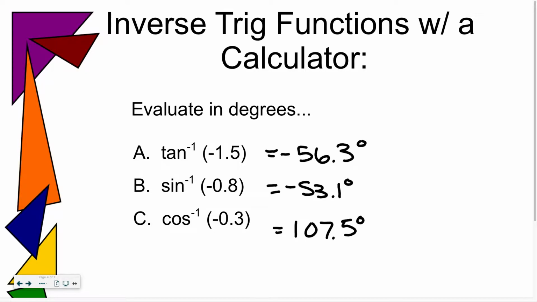Anybody having trouble with those? Okay, so I'm just going to make a side note right here. You'll talk more about this when you study inverse trig functions in pre-calculus or algebra 3. But notice that when you input a negative ratio into tangent or sine inverse, you get out a negative angle. However, if you put in a negative ratio for cosine, you get out still a positive angle, and your angle will always be between 0 and 180.